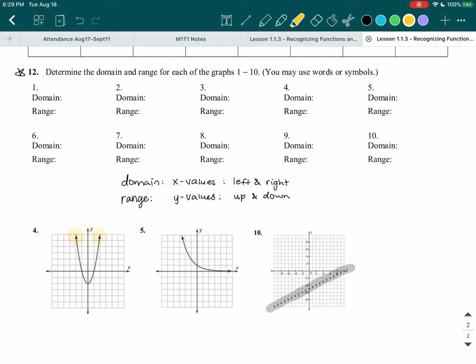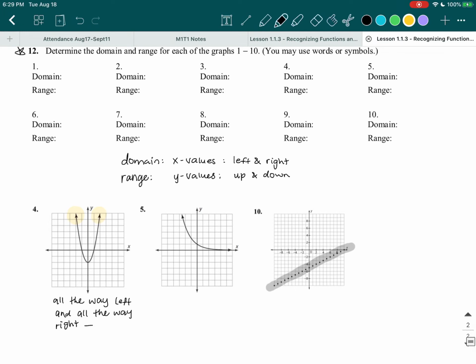So since our graph for number 4 extends all the way to the left and all the way to the right, that just means, let me write it down, all the way left and all the way right.